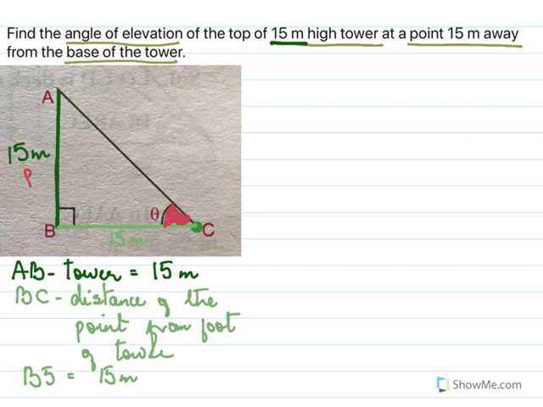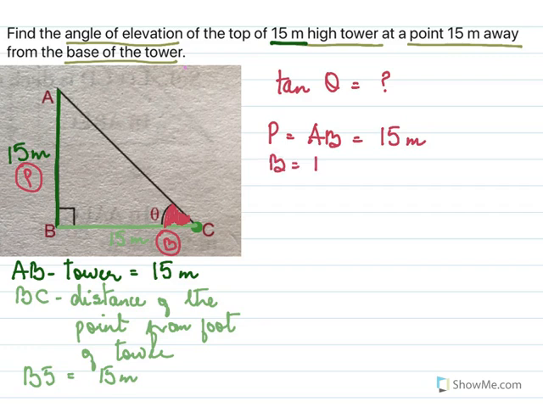So when you see C, here is perpendicular and this is the base. So tan theta, we don't know what is tan theta, but we know perpendicular is AB, which is 15 meter, and the base is BC, which is also 15 meter. So tan theta is perpendicular over base.